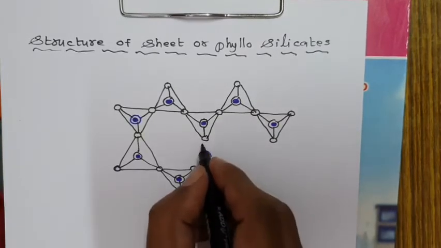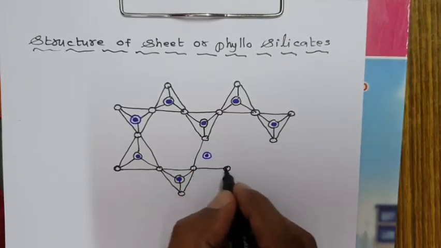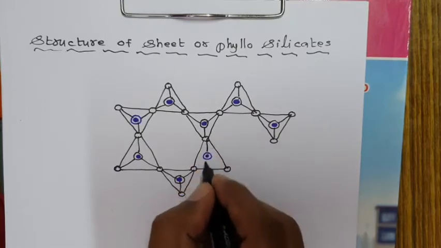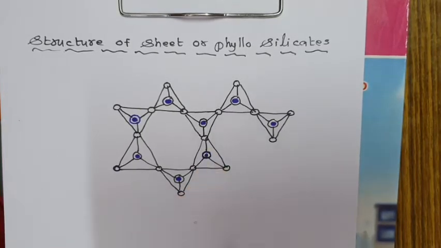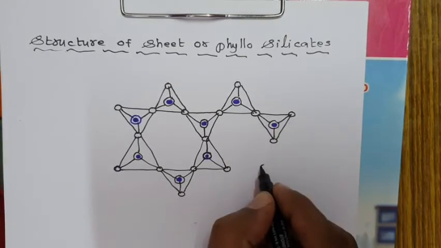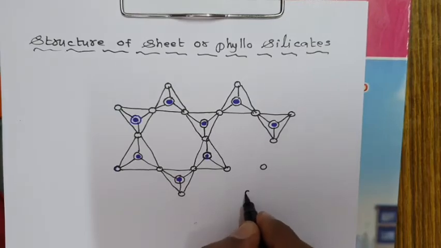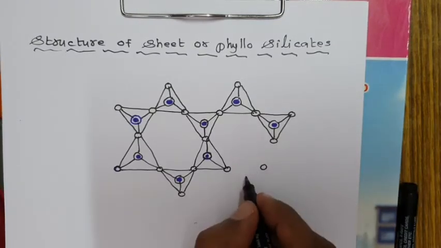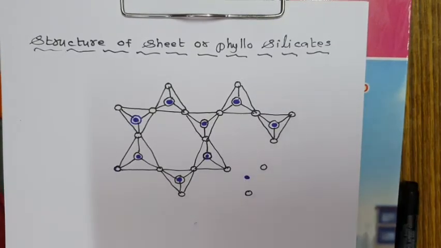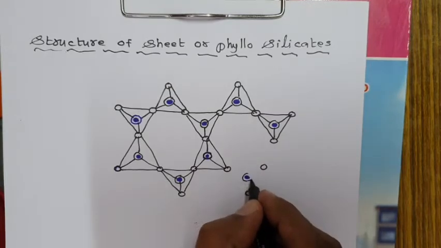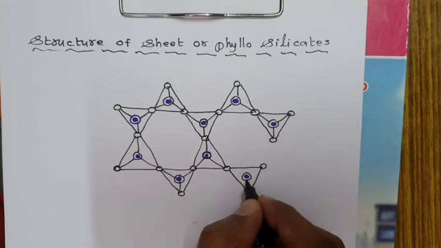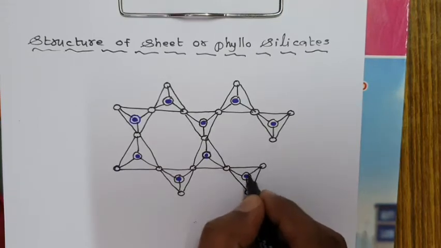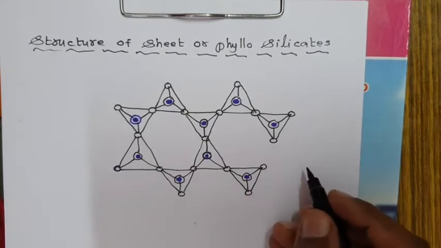When we join all the oxygen with the central silicon, we get one SiO4 unit. Reverse of this SiO4, at the center one silicon, again one oxygen. By joining all these, we get one SiO4.